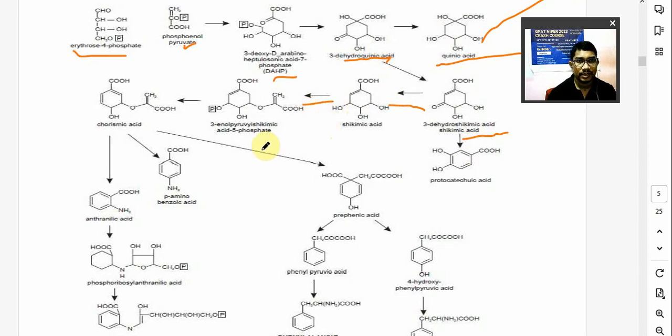Questions of 2-3 types have come: shikimic acid, chorismic acid, prephenic acid, these are the three acid intermediates which are formed in the following pathway. So the answer will be the shikimic acid pathway. Another question came: aromatic amino acids are biosynthesized by which pathway in plants? Again, the shikimic acid pathway.